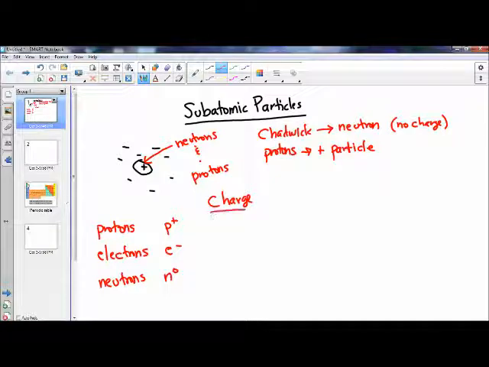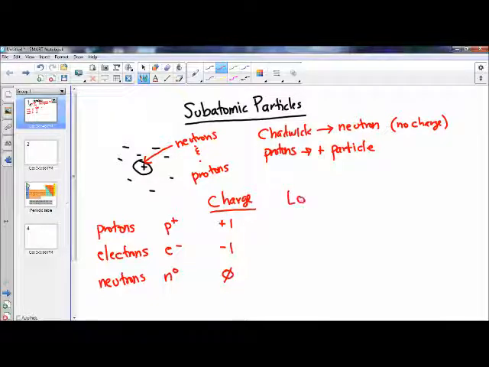Now we talk about the electrical charge that they have. Each proton carries 1 unit of positive charge, and each electron carries 1 unit of negative charge. And the neutrons, the word meaning neutral particle, have no charge, 0 charge.